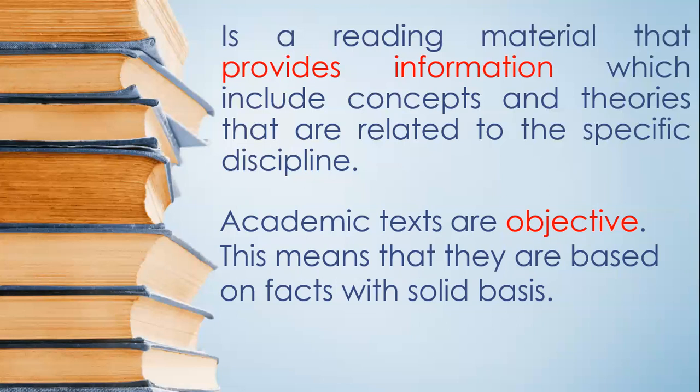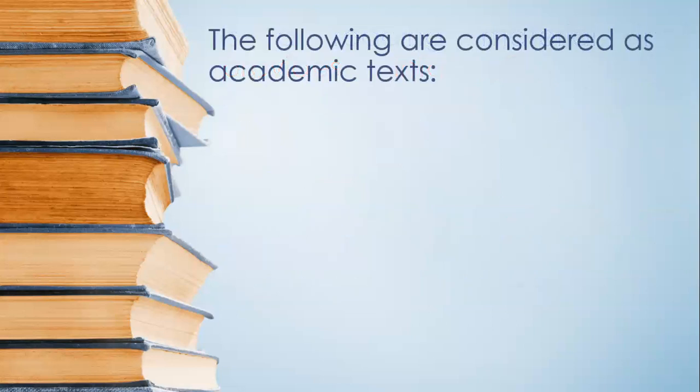Okay, so that is what we mean by academic text. Next, the following are considered as academic text. Aside from the examples that I have given earlier, these are some of the many examples of academic text that you can read and encounter.